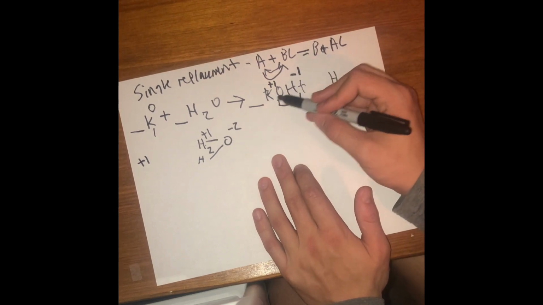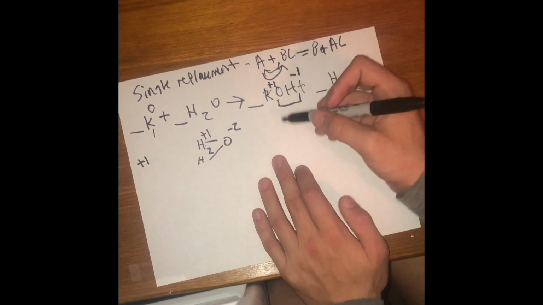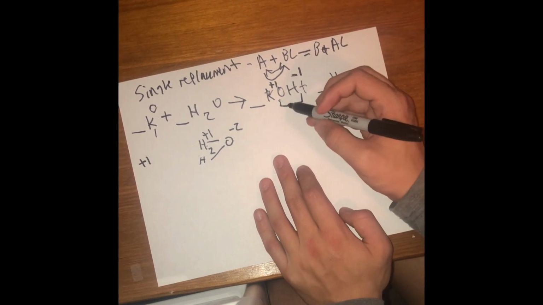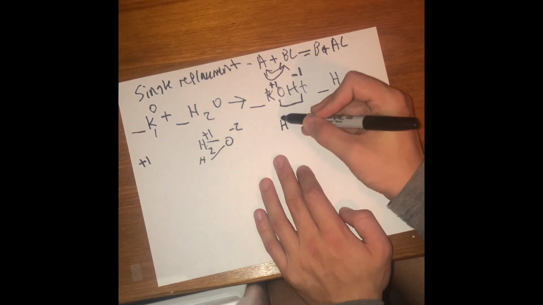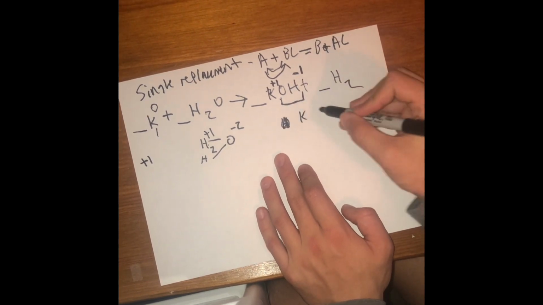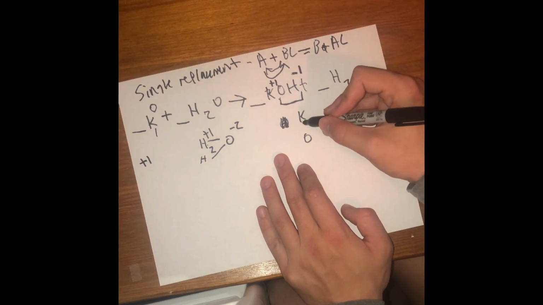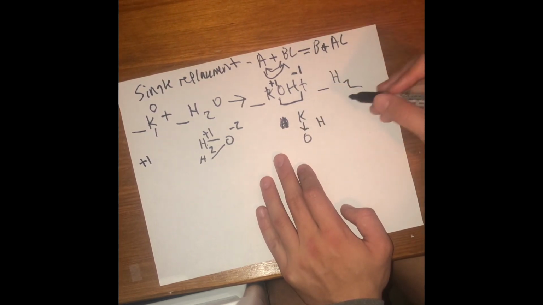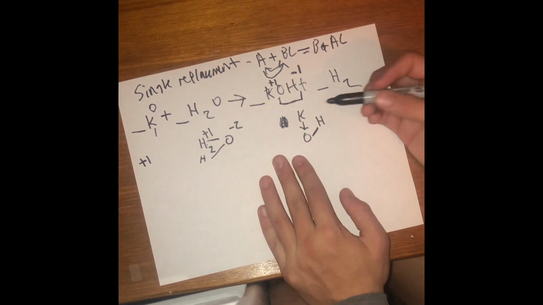Since we have a metal and a polyatomic, the polyatomic combines with the metal, so we get KOH.